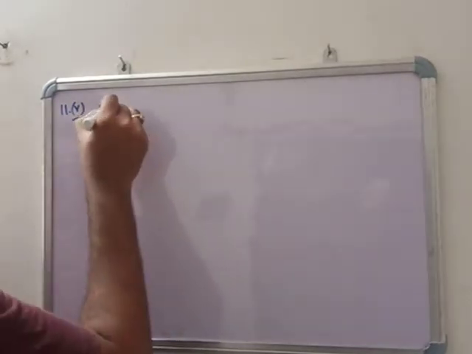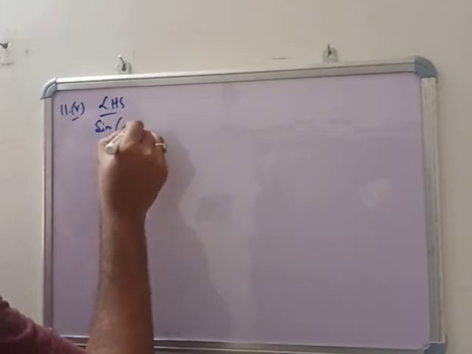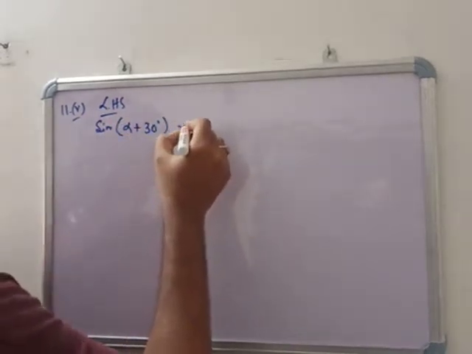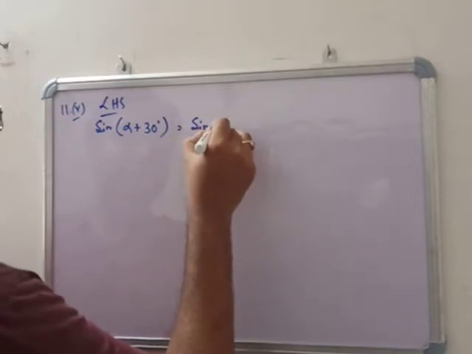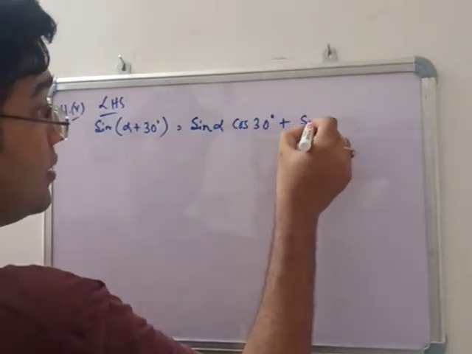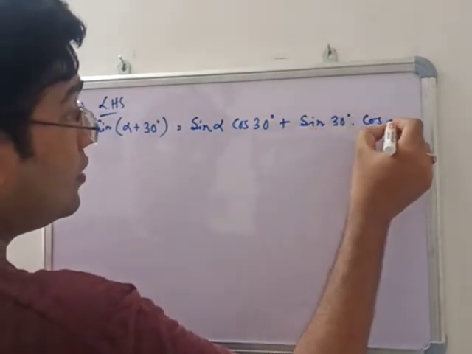Now in 11.5, LHS is given sine of alpha plus 30 degree. So that means you can write sine alpha cos 30 plus sine 30 cos alpha.